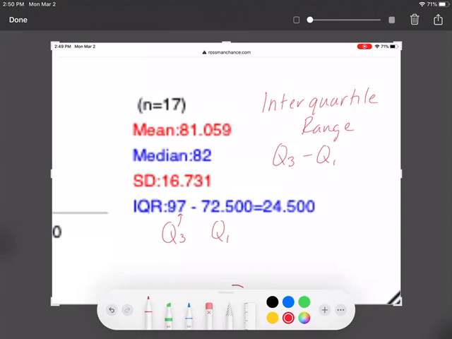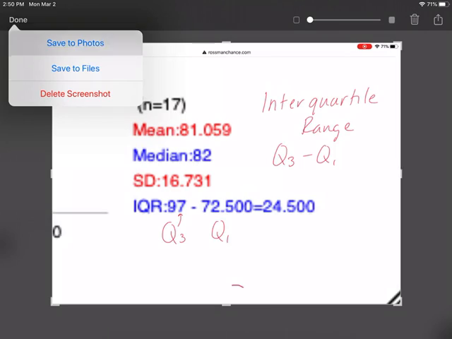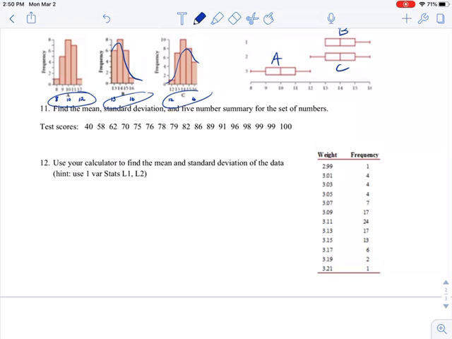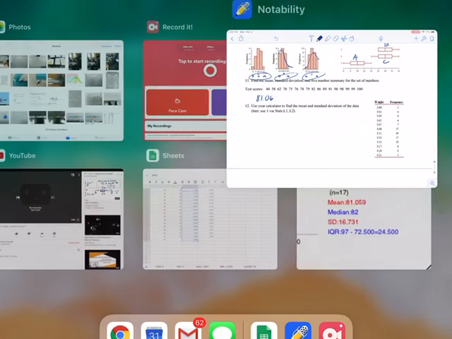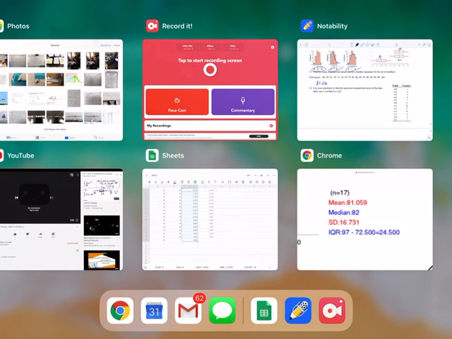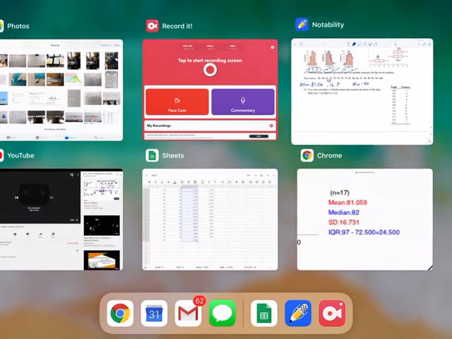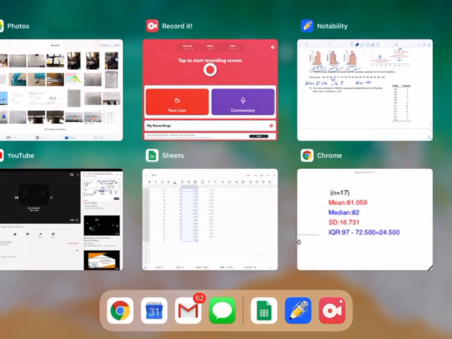So my mean is 81.06, essentially. The standard deviation was 16.7. And then my 5-number summary: the minimum is 40.